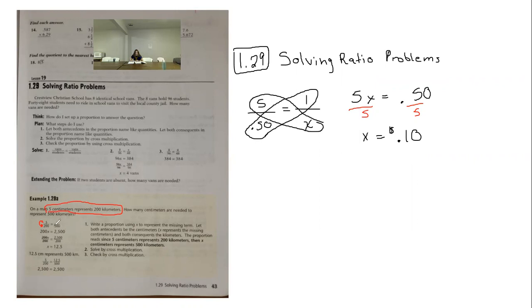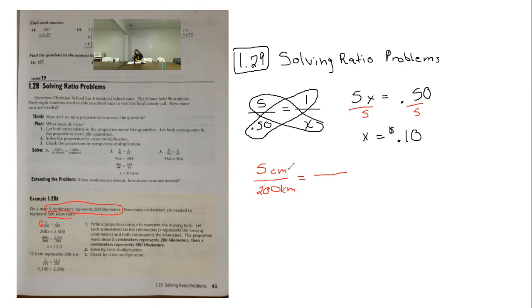All right, now they're going to give you one other piece of info, and that's 500 kilometers, okay? So at this point, you have 2 choices. You could either put the 500 on the top or on the bottom. If it's 5 centimeters on the top and 200 kilometers on the bottom, and I've got 2 empty spaces to choose from, and they give me 500 kilometers, well, I'm going to put kilometers across from kilometers.